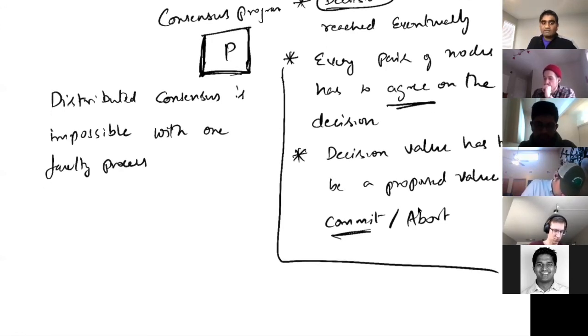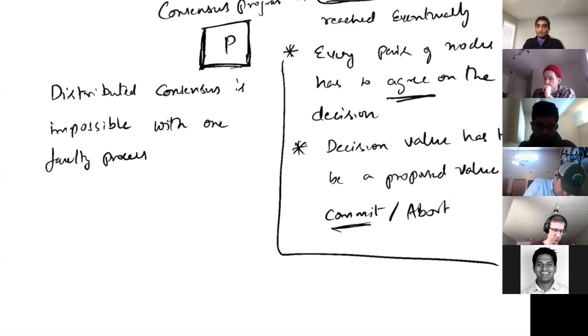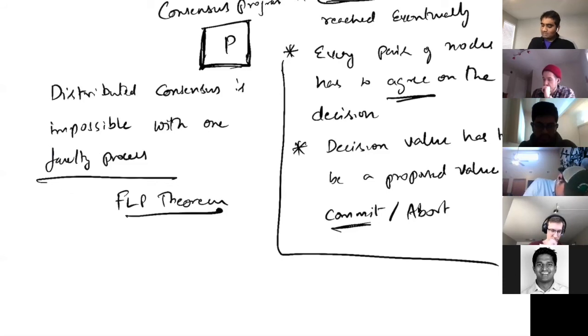Even if there's a possibility that one of the nodes can crash, the FLP result essentially says that you can never have a program P that terminates and gives you the result. You can never have a consensus algorithm. That's the key result. This is the FLP theorem, and that's what we're going to discuss today.